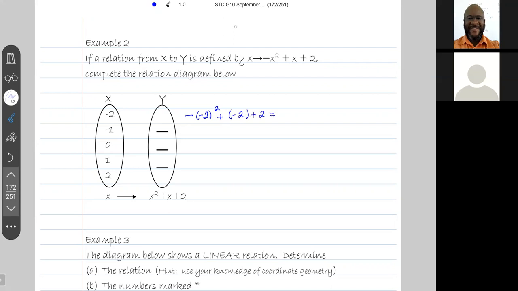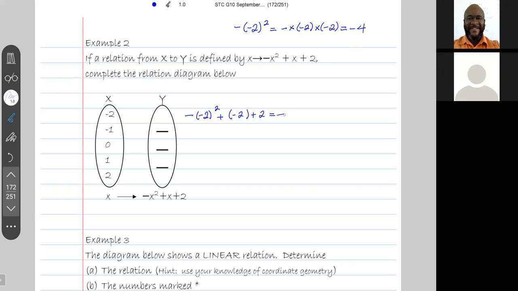Now, minus 2 squared means minus times -2 times -2. That's what it means. Now, whenever you multiply 3 negatives, the answer must come out negative. So this is -4.